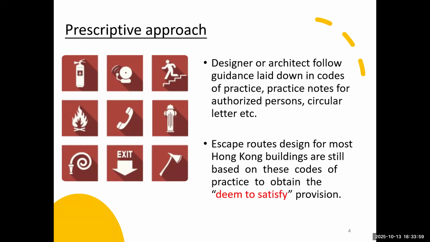If you follow all the rules exactly, your design is deemed to satisfy the requirements. It provides a clear checklist for both the designer and the approving authorities, making the approval process relatively straightforward for conventional buildings. For most of the standard residential, office, and commercial buildings that we have in Hong Kong, it is still the predominant method used for designing escape routes.